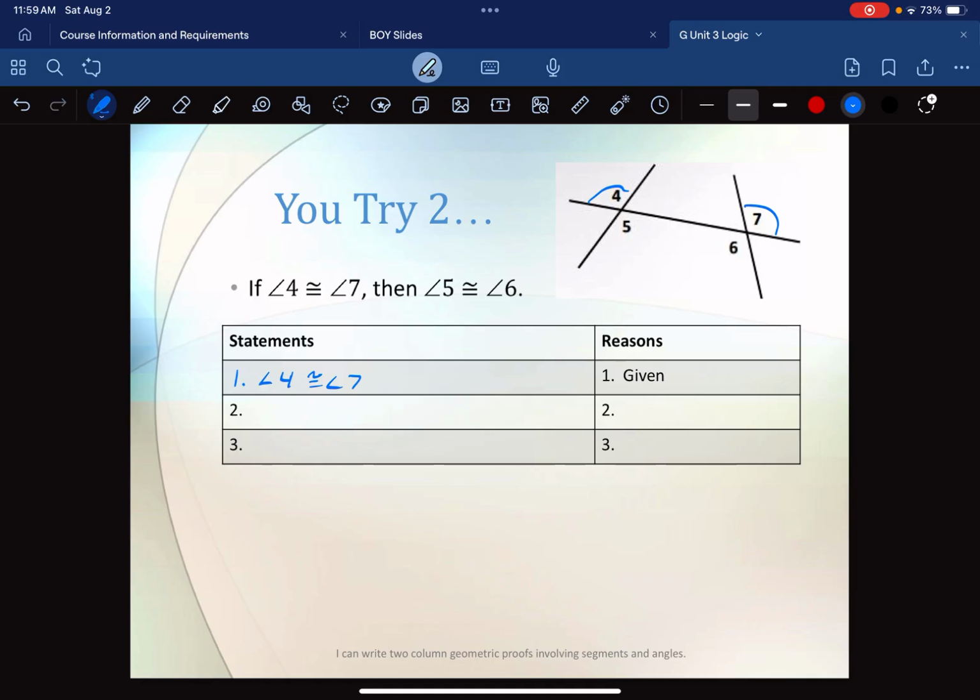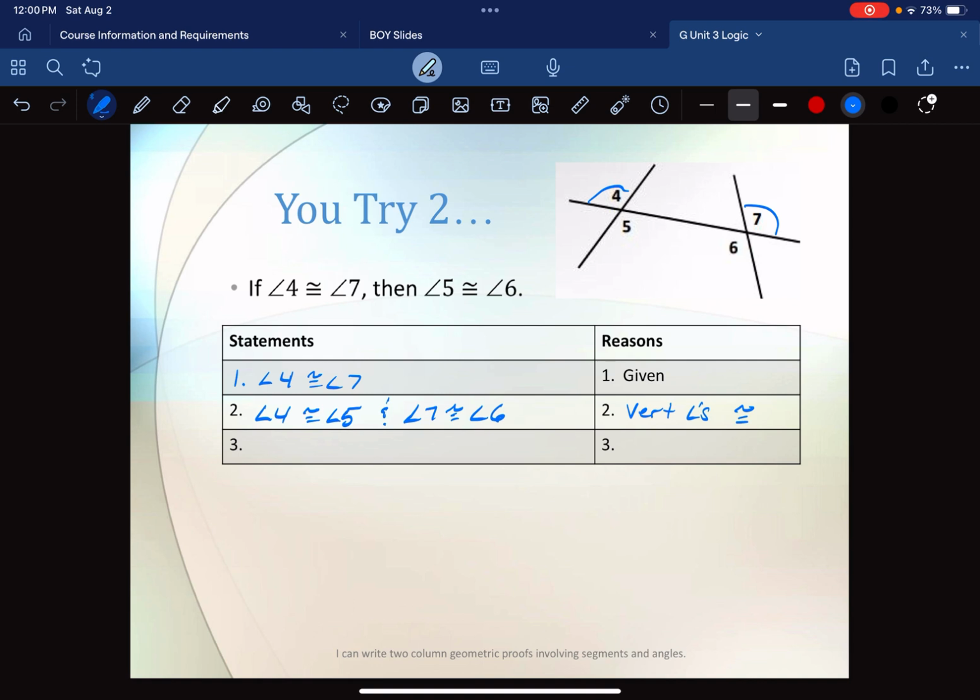So then sometimes you got to go to your drawing to get things involved, and hopefully you see that angle 4 is congruent to angle 5. And why is angle 4 congruent to angle 5? And why is angle 7 congruent to angle 6? Because they are vertical angles. And vertical angles are congruent.